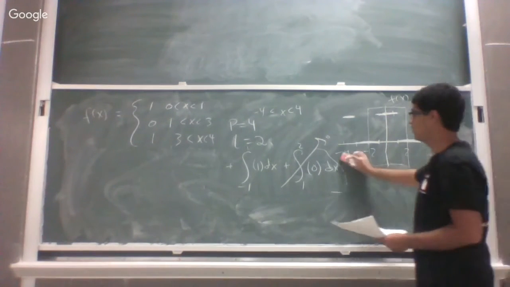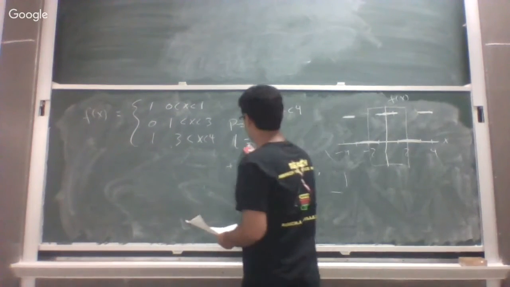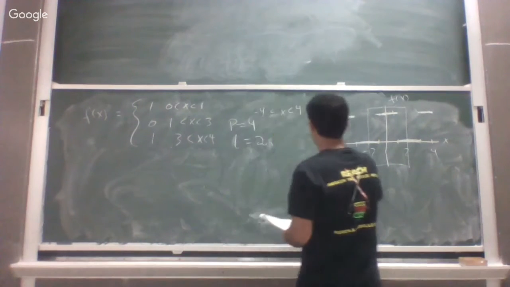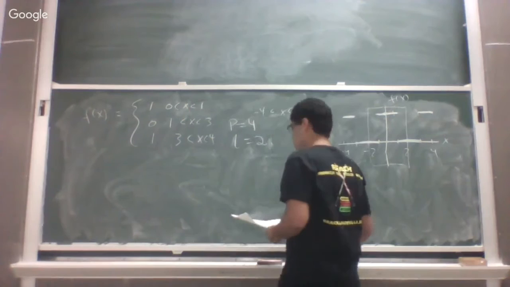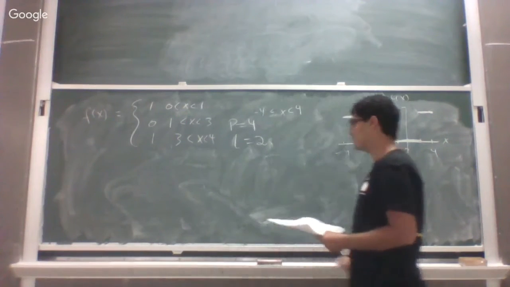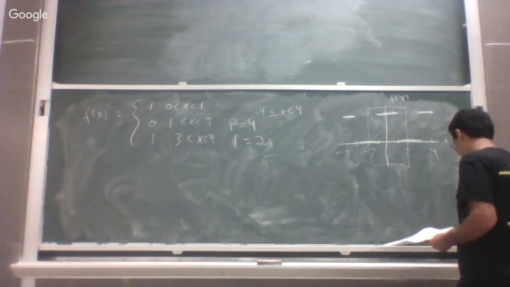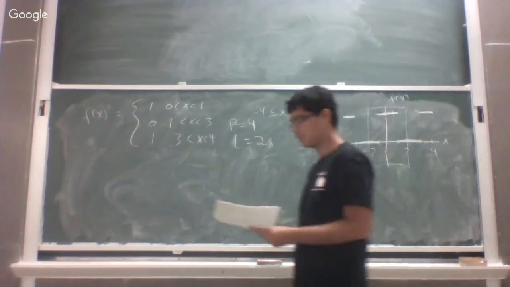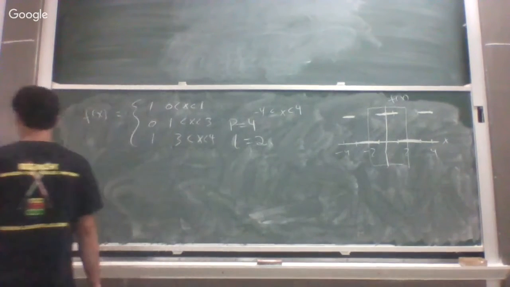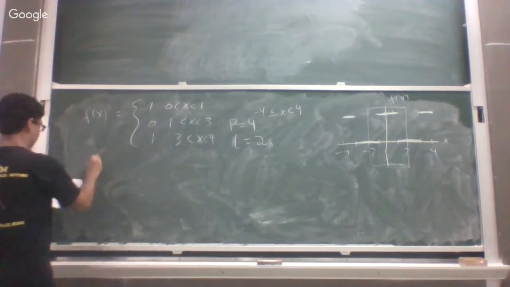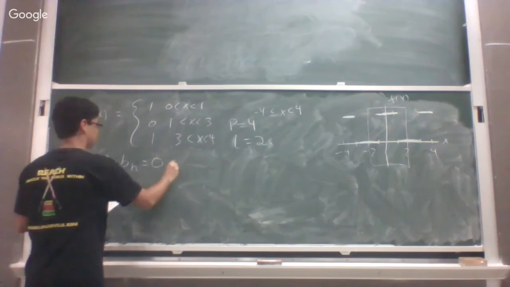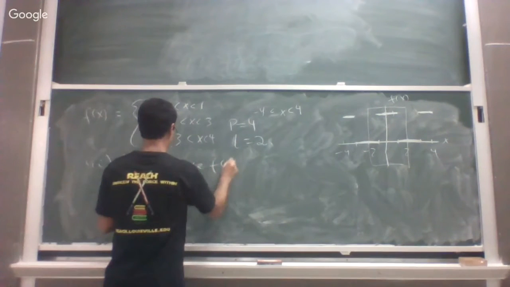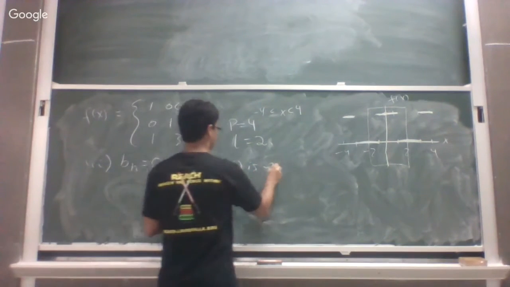You can do all of the math, and you can always do all of the math for all of them if you don't remember. You'll just get zeros for b sub k or a sub naught and a sub n. But for this, we have b sub n equal to 0 since f of x is even.